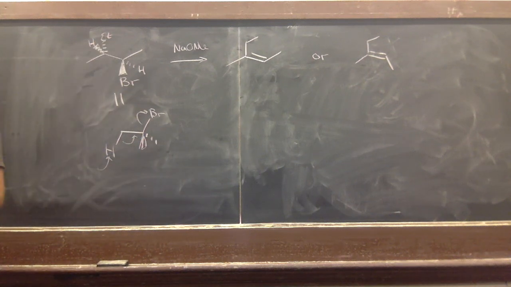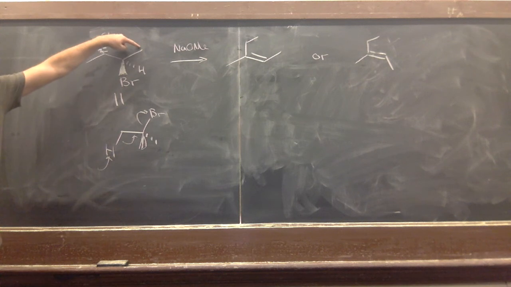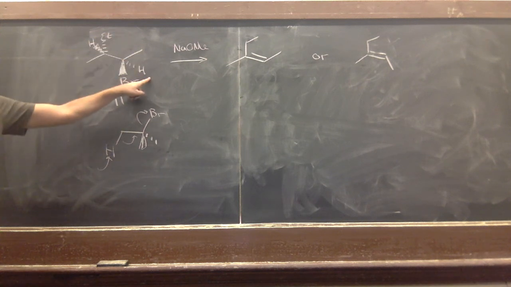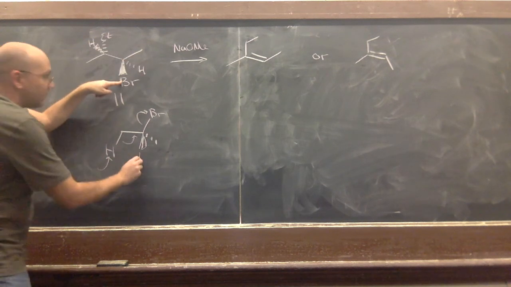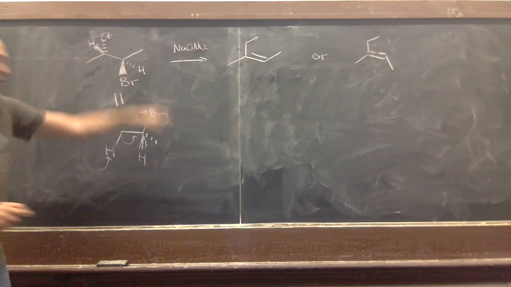And again, you can always play with this like a carousel. If one is going one way, then everything else is moving around. So if the bromide moves up here, where's the proton going to move? Here. Which means where's the methyl group going to move? Here, right?